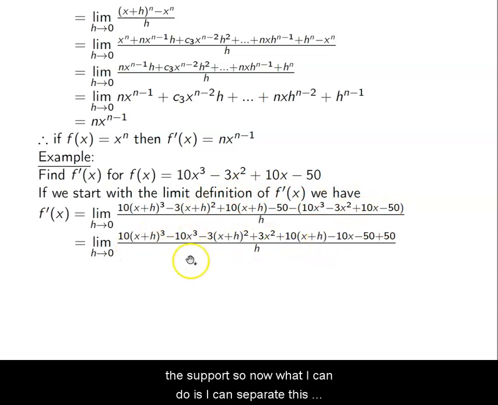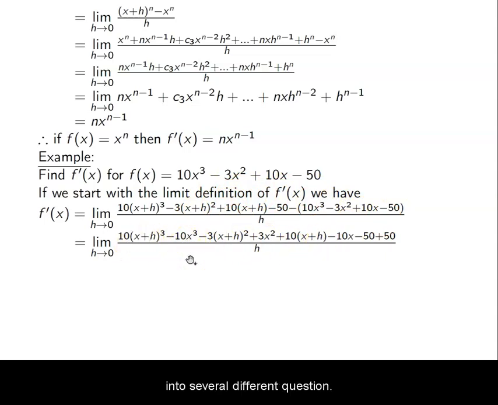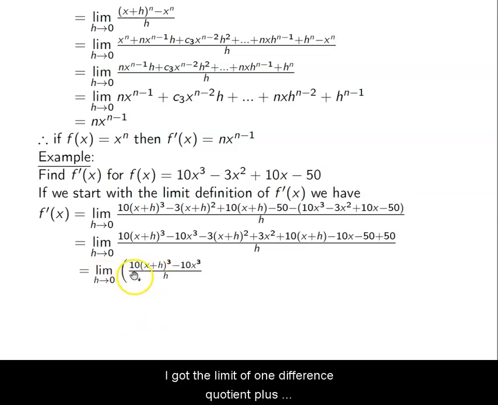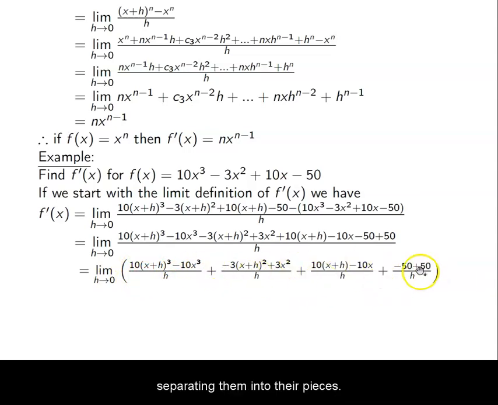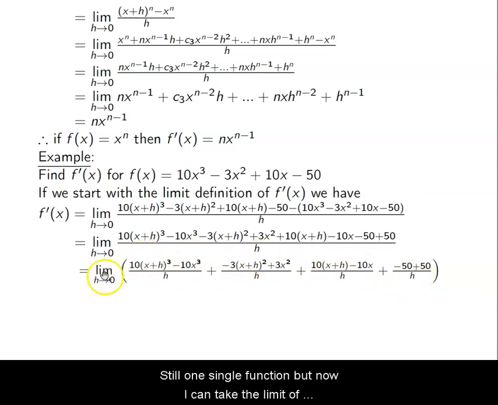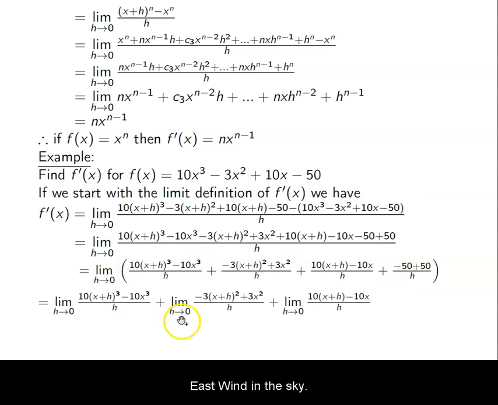So now what I can do is I can separate this into several difference quotients. Okay. I got the limit of one difference quotient plus another difference quotient plus another, right? So I'm separating them into their pieces. Still one single function, but now I can take the limit of each one independently.